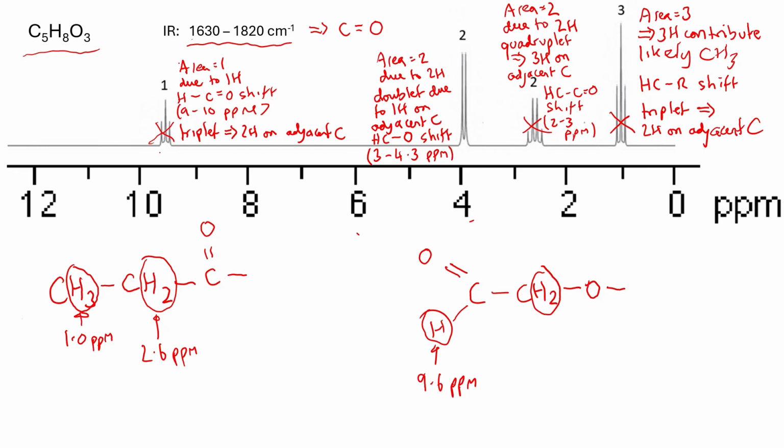Okay, and that told us that we had this bit of structure. So we've now documented all of the evidence, and we've got these 2 fragments. So this final piece was the peak at 4.0 ppm.